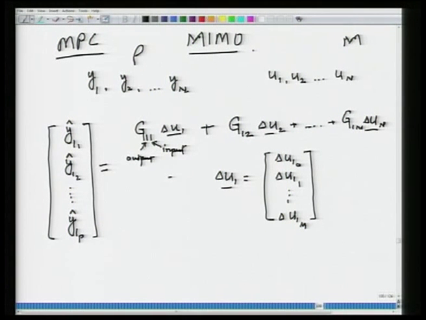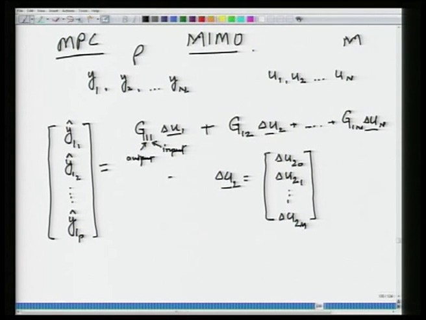right. Similarly, what is delta U2? Well, delta U2 will be, delta U2: change in input 2 right now, change in input 2 1 instant from now, and so on and so forth, change in input 2 m instants from now, okay, and so on and so forth.